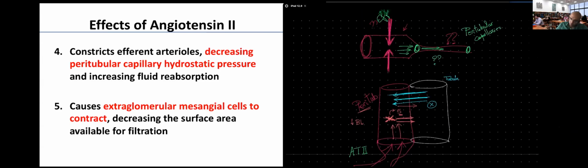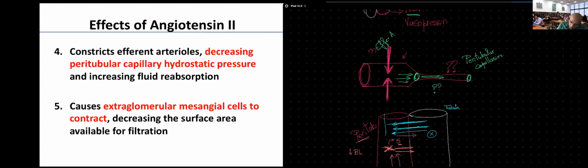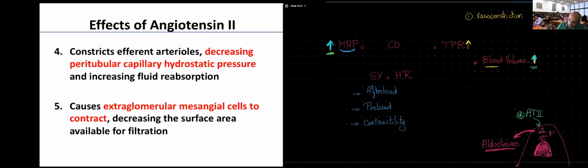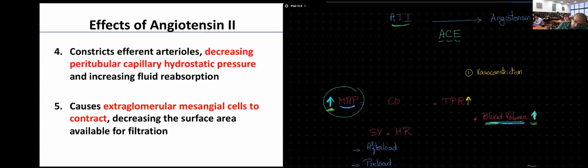So as I move more water back, what happens to my blood volume? The amount of blood in my vessels will increase. And as a result, I've got an increase in my blood volume that results in an increase in the blood pressure. This is what I want. So angiotensin II, again, how does it increase the blood pressure? By constricting the efferent arteriole.